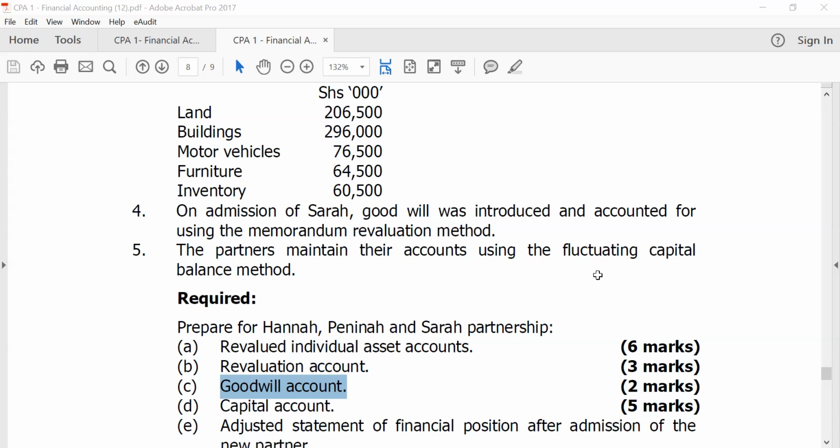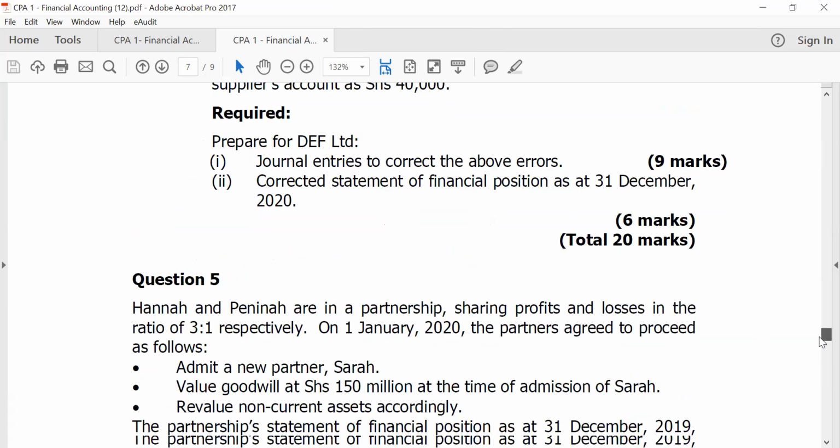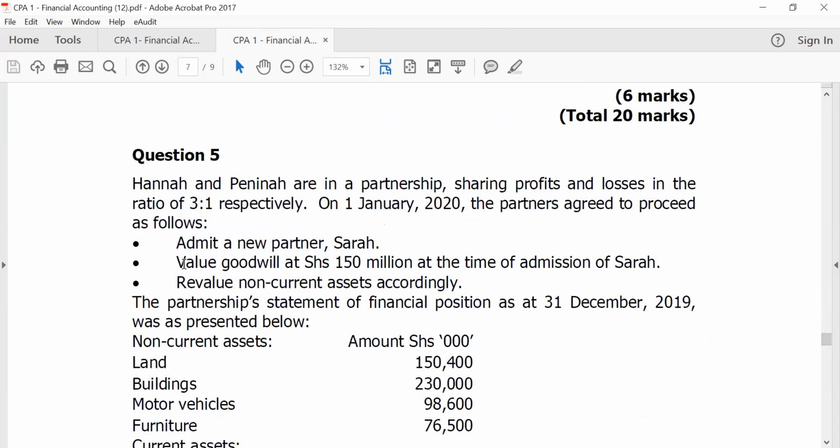Okay. So goodwill account. Now goodwill, like we have seen, one of the things that the partners agreed on admission of a new partner was the aspect of bringing about goodwill. And that is highlighted here. And they're saying to value goodwill at 150 million at the admission of Sarah.